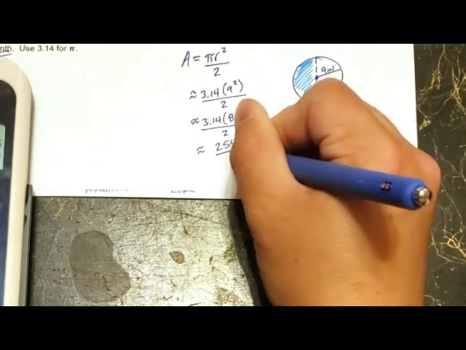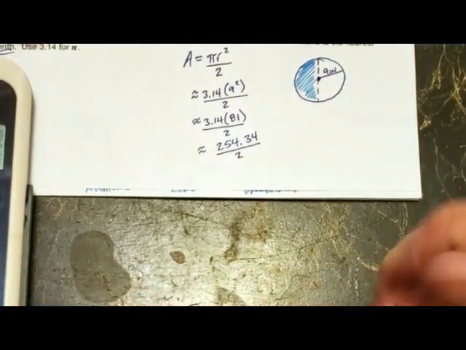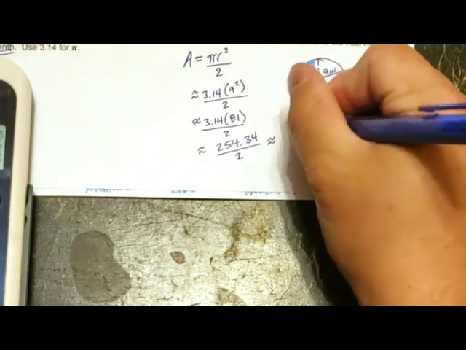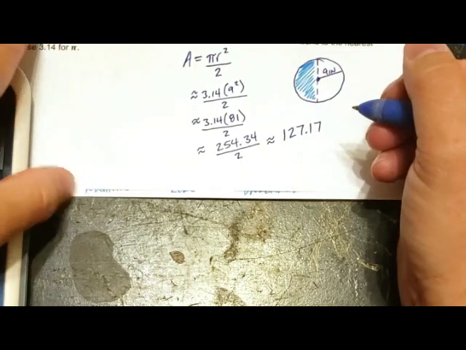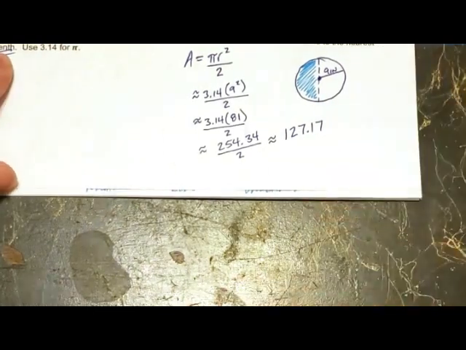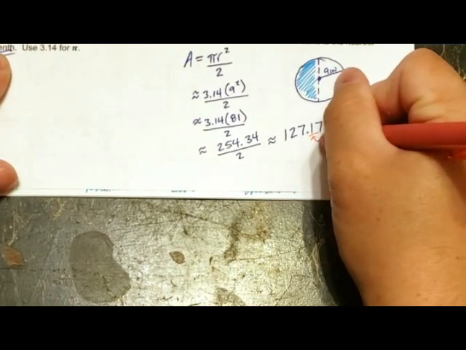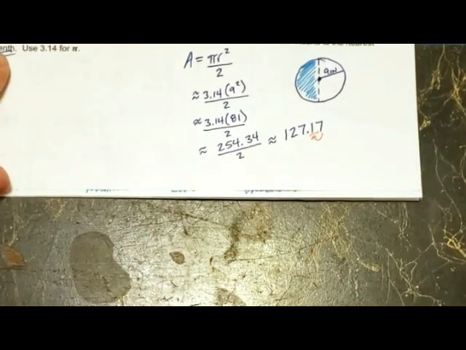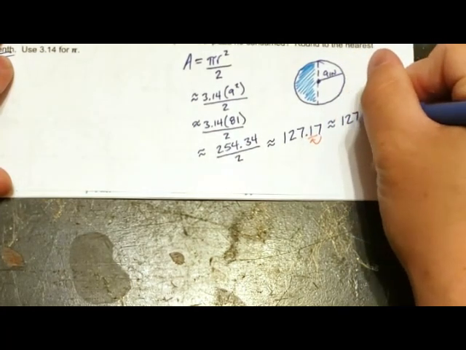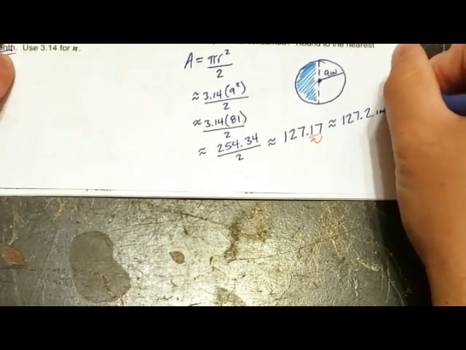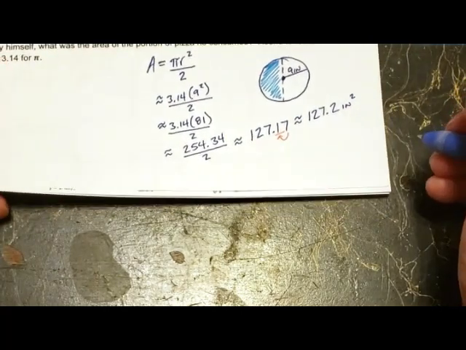That's the whole pizza, but he only ate half. Divided by 2 would be 127.17. What did it say to round to the nearest tenth? Okay, so that would be 127.2 inches squared. That's how much pizza Mikey ate.